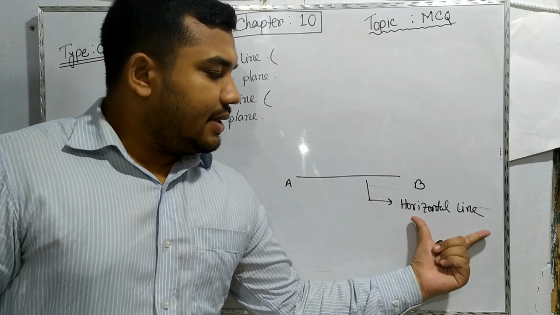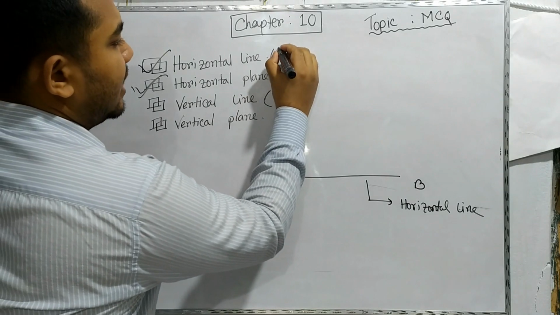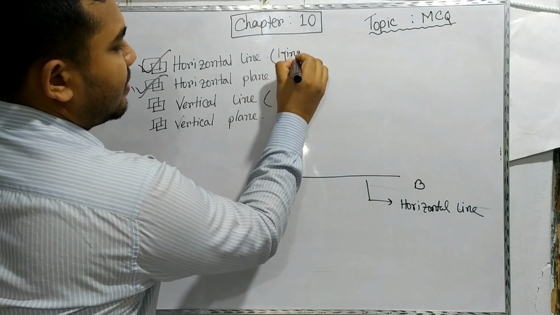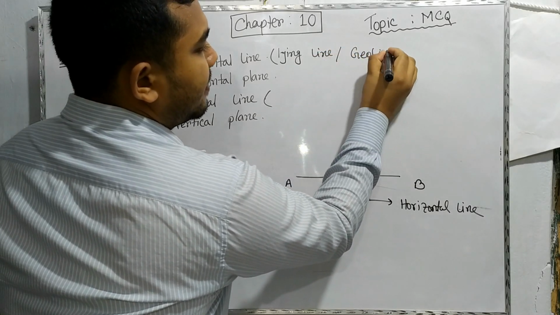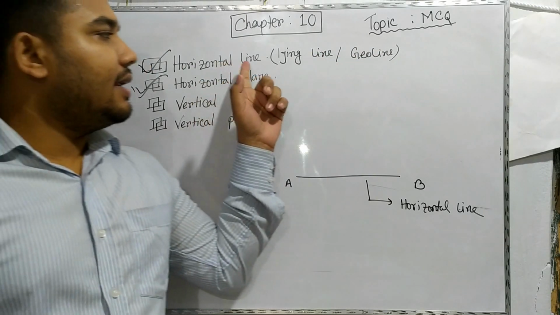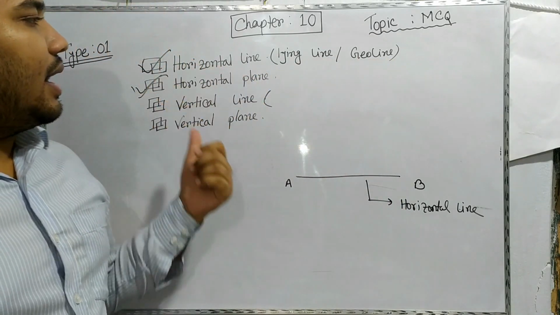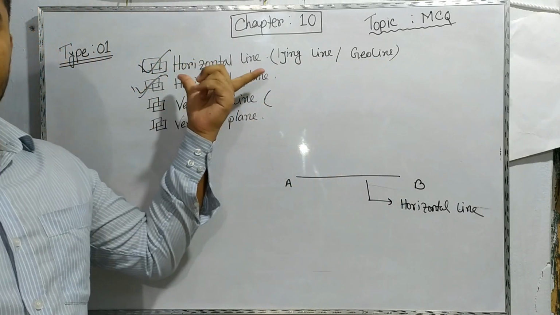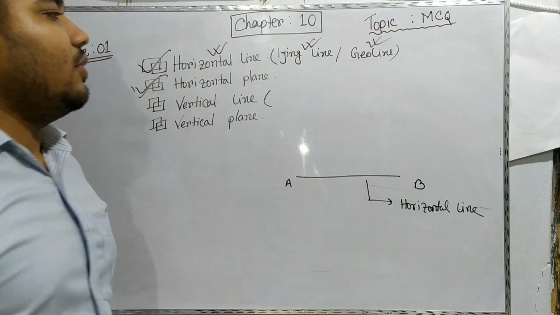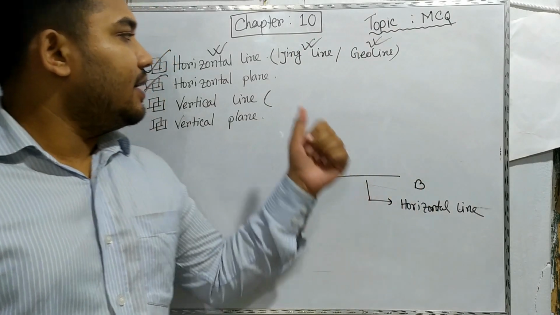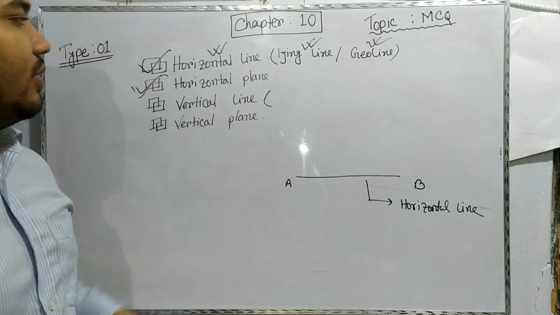And this horizontal line can be called the laying line or zero line. So horizontal line can be called the laying line or zero line. All these names are generally the surnames of the horizontal line. So these names are also very important, which are the horizontal line's surnames. So laying line can be called zero line or horizontal line.